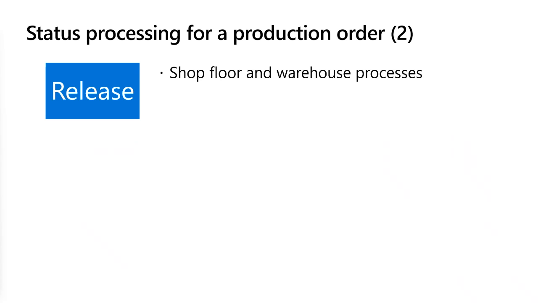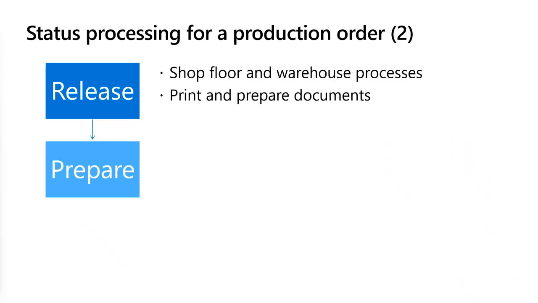The next step in the production process flow is the release. With a release, you can start to execute shop floor activities and warehouse processes to actually prepare the production flow. You can also print and prepare the documents in case there are still printouts used.